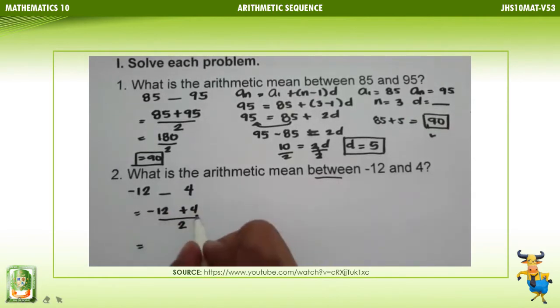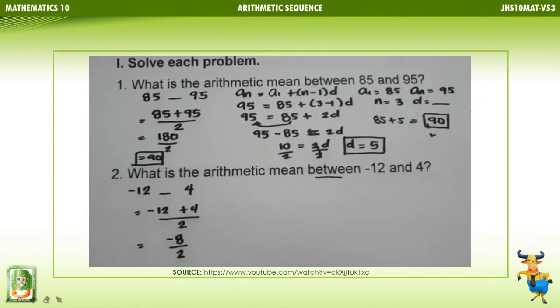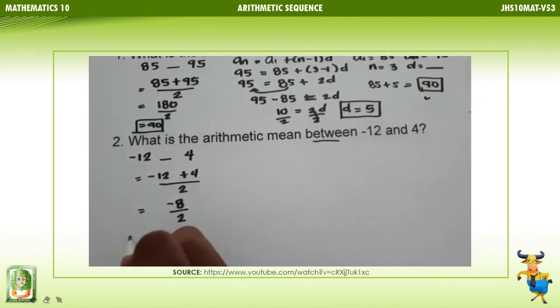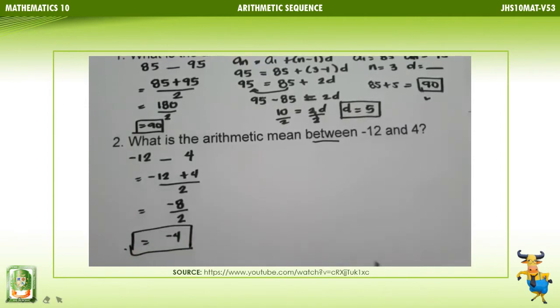So negative 12 plus 4, that is negative 8 over 2. So negative 8 over 2, that is negative 4. So the arithmetic mean is negative 4. Or you can use the formula.